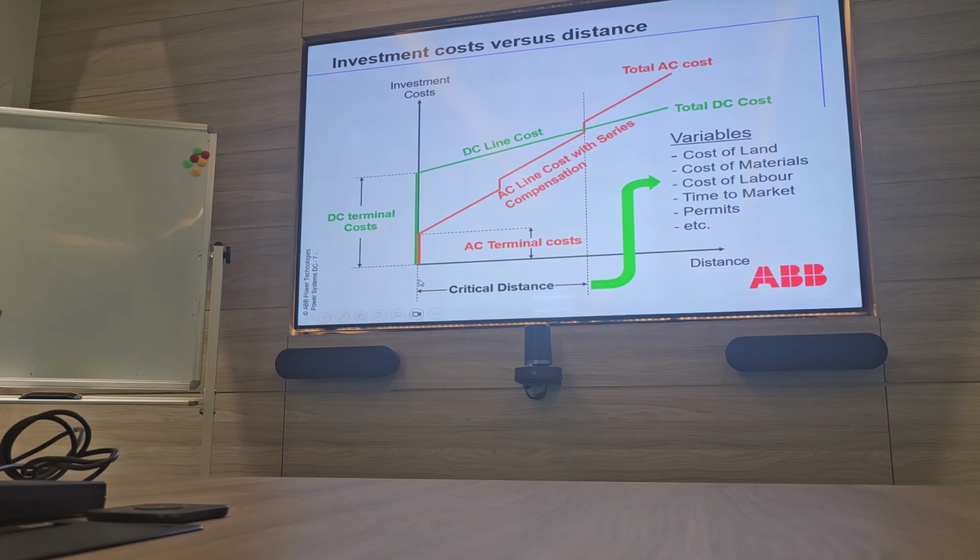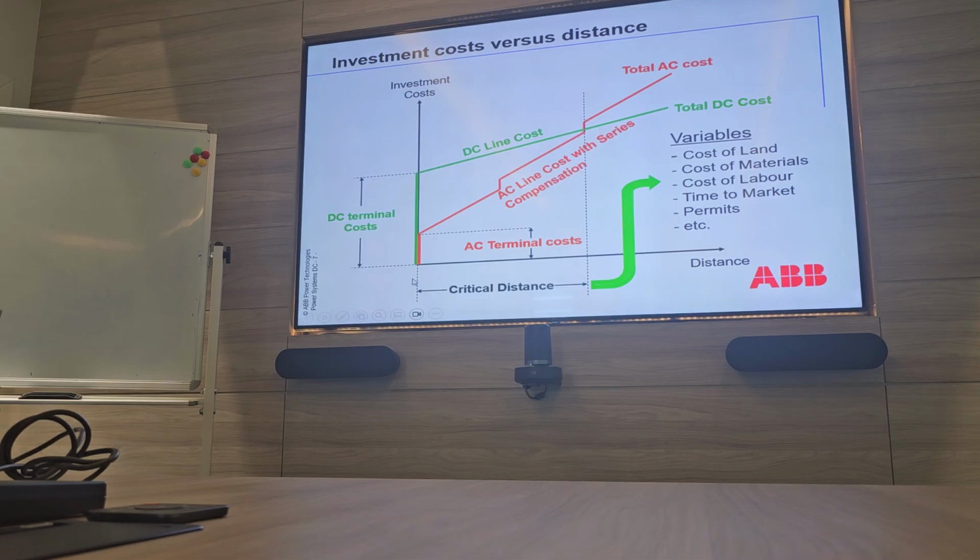After this critical distance, DC is more beneficial than AC, because if you see here, the total AC cost is more. For example, this critical distance is now 800 kilometers or 600 kilometers. If power is transferred from one area to another and the distance is more than 600 kilometers, the best way is DC transmission compared to AC. That is called the critical distance. Okay.